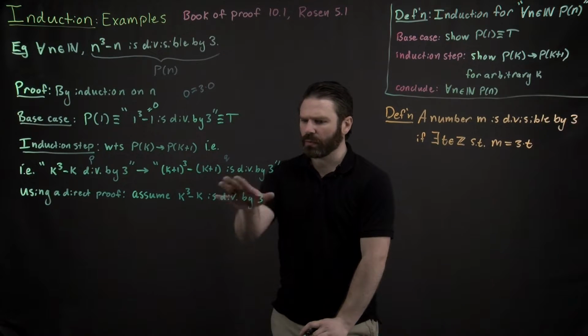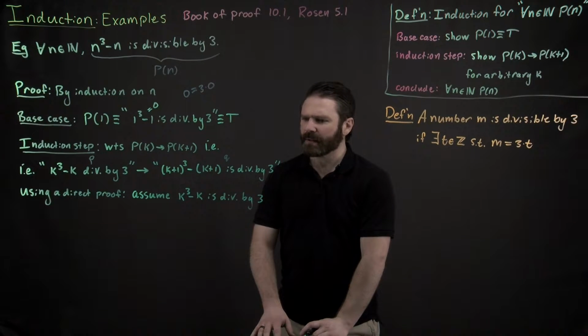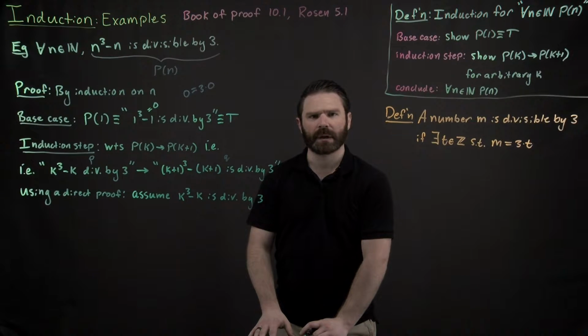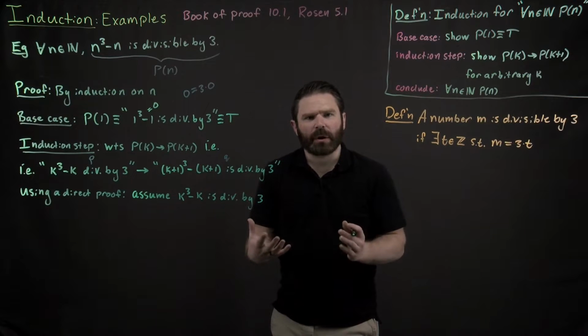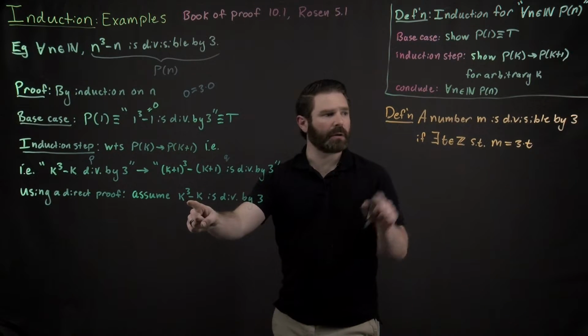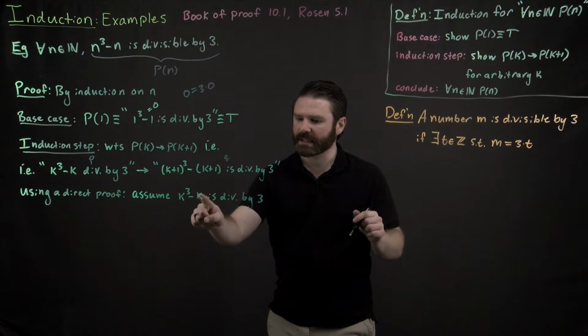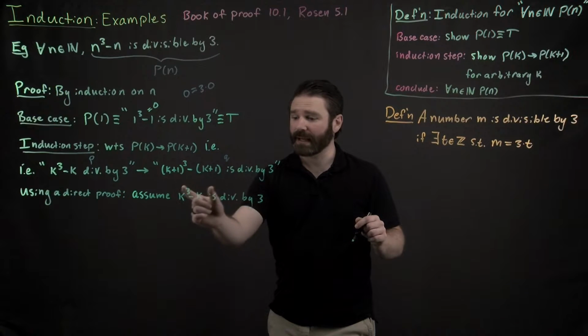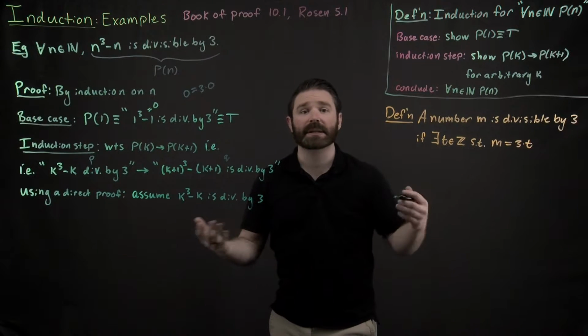Good. So we've made that assumption. And now I somehow want to conclude this thing is divisible by 3. So let's go ahead and gather up all the information that we have so far from this assumption. So in particular, by my definition, since this expression is divisible by 3, that means I can write this expression as 3 times some other integer.